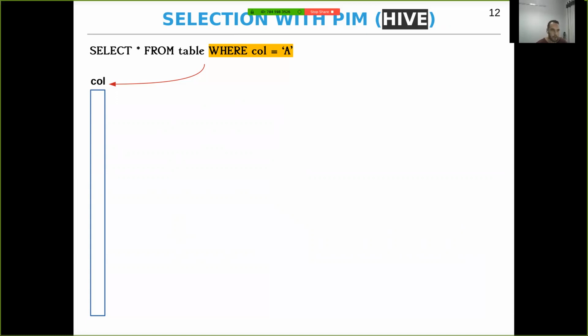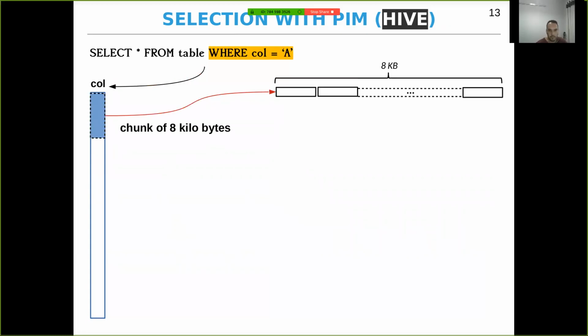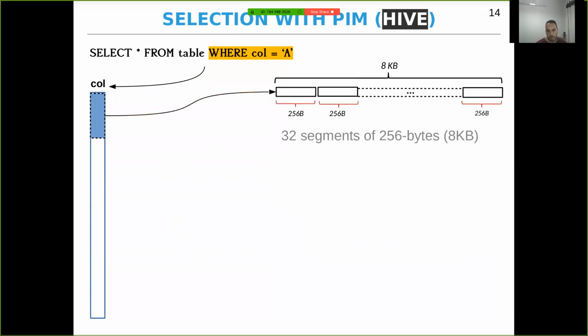Firstly, this column is sliced into chunks of 8 kilobytes, and each chunk is split again into segments of 256 bytes. With that organization, we have 32 segments, and we can explore the 32 vaults of the memory and run 32 memory accesses in parallel in the memory.